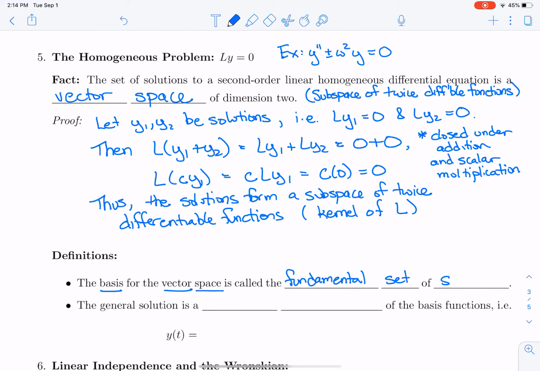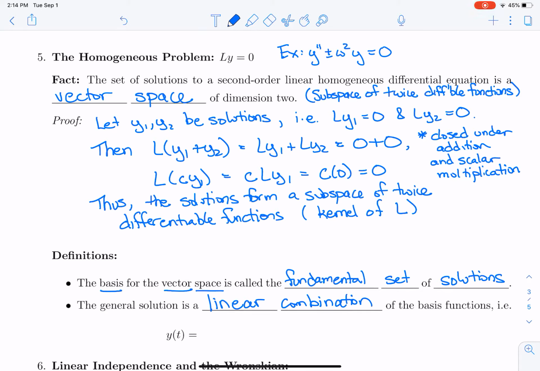And that fundamental set of solutions is going to form a basis for our vector space. So essentially, we're looking for linearly independent functions that span our space. And that way, the general solution is a linear combination of the basis functions.